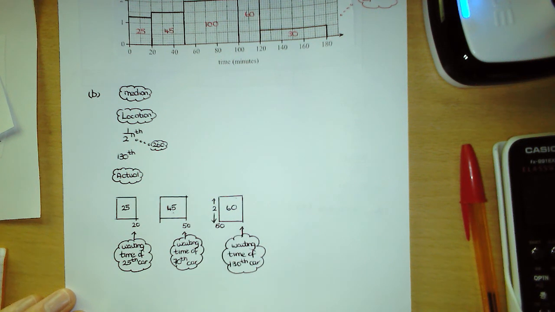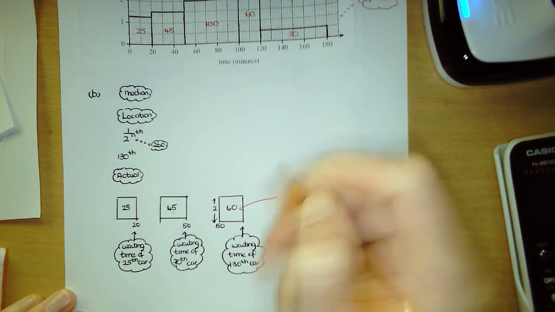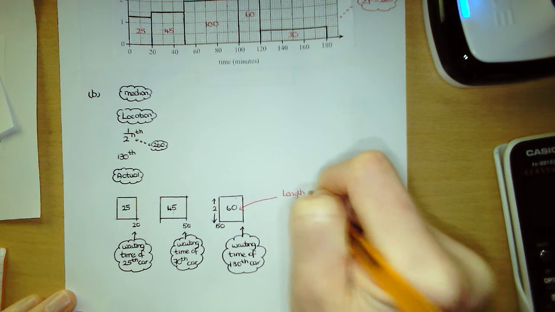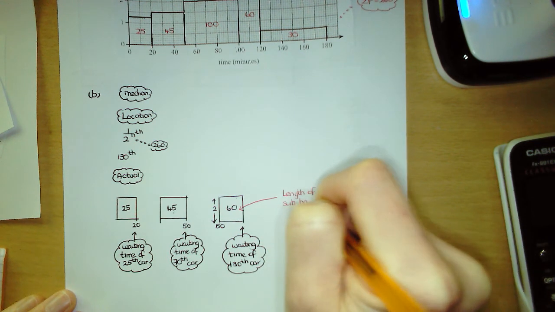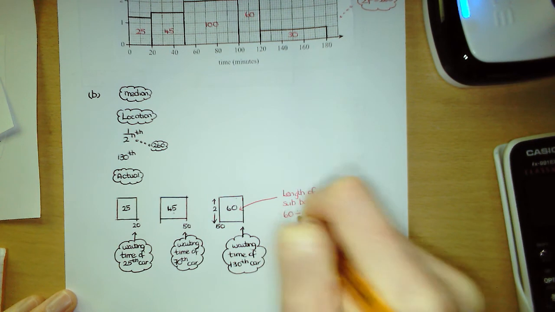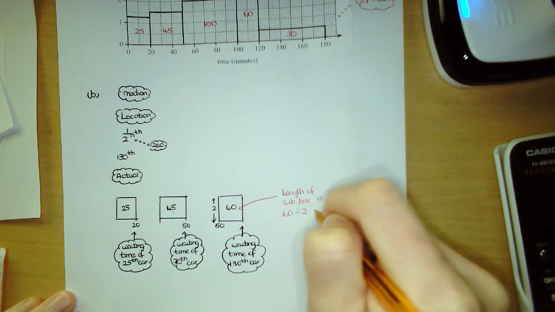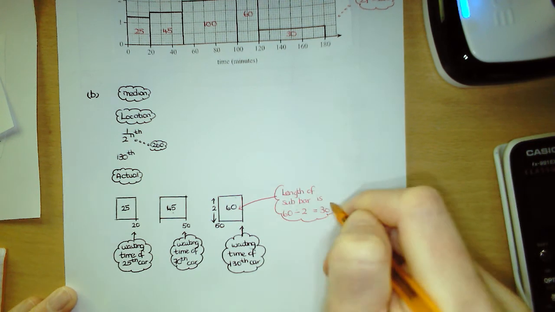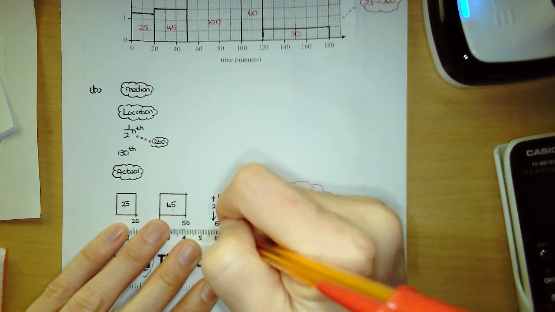So 60 divided by 2, which is going to give us 30. So we've just worked out the length. The length of the sub-bar is 30.